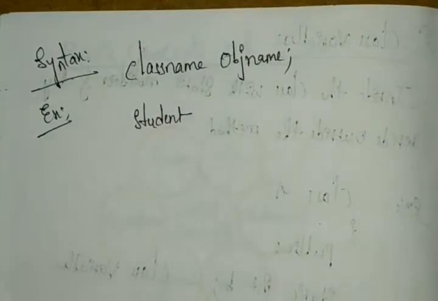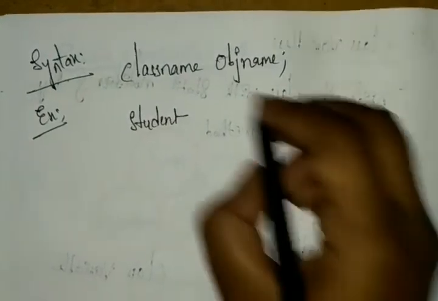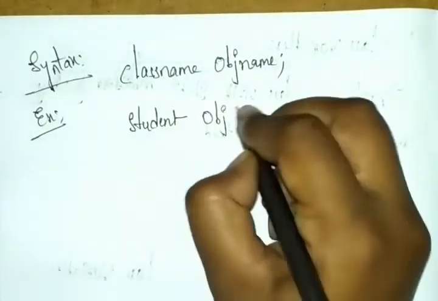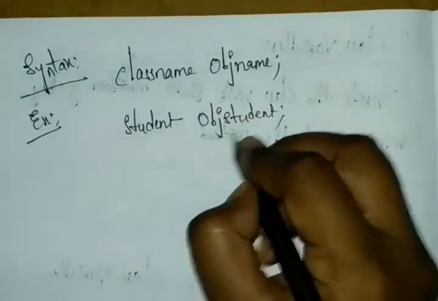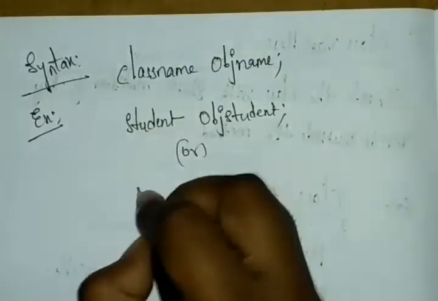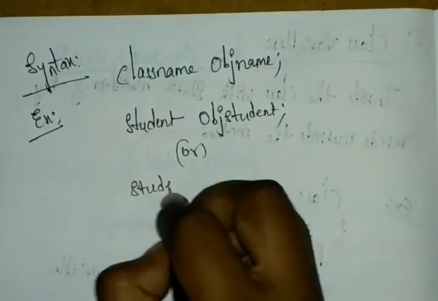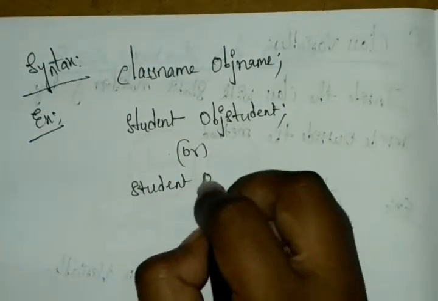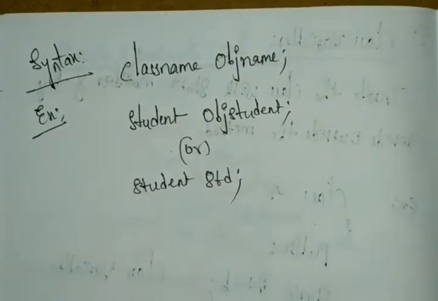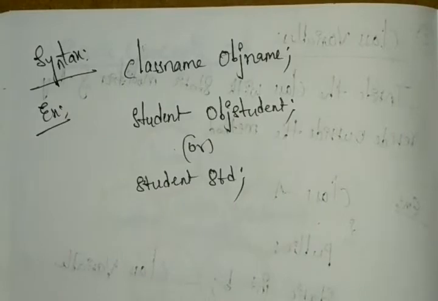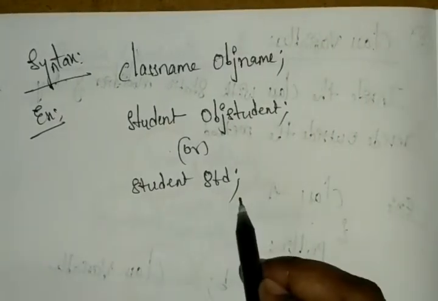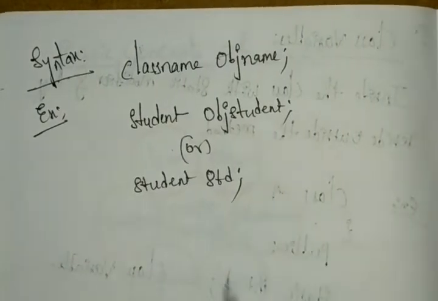So here you need to write the object name. You can write your object name as student, or else your second format, std. Anyway, it may be student or else std. You can write any one of them, there is no problem.